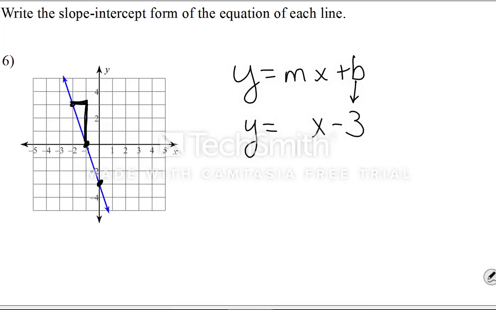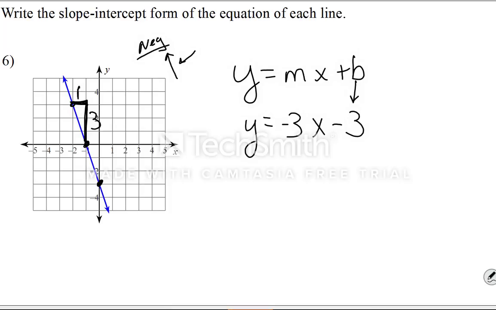So I'm going up 3 and over 1. My movements for negative are up and left, which is exactly what I'm doing. So I know this is a negative 3 over 1, which is the same as -3.